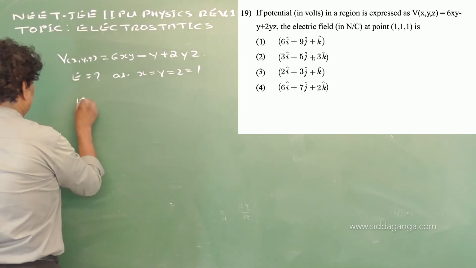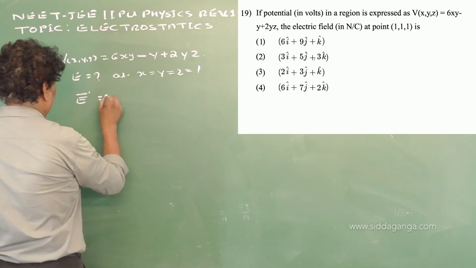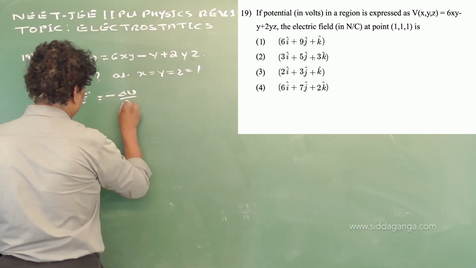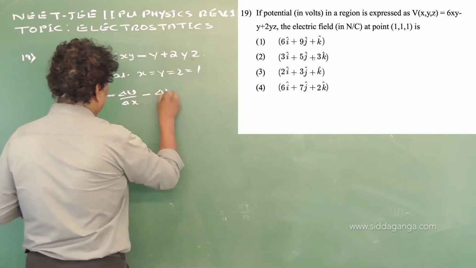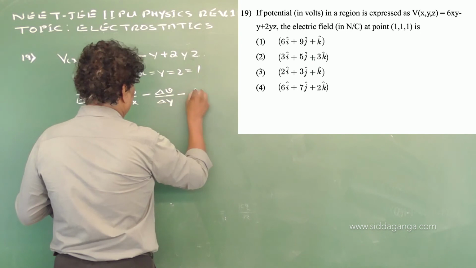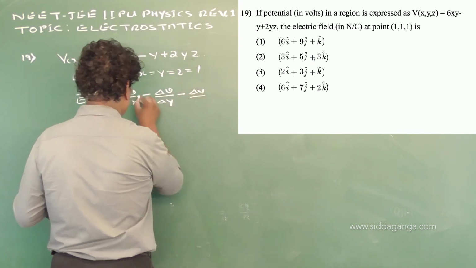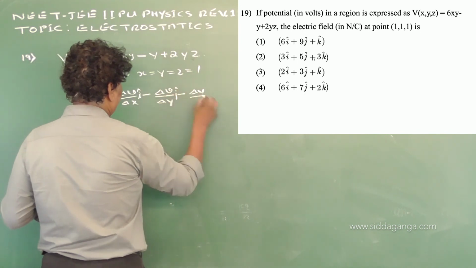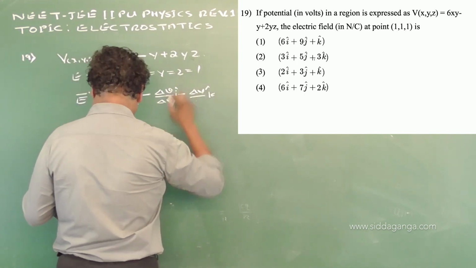We know that the electric field is equal to minus del V by del x i cap, minus del V by del y j cap, minus del V by del z k cap.